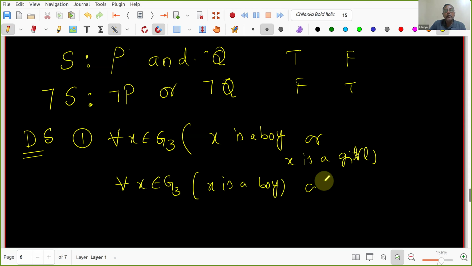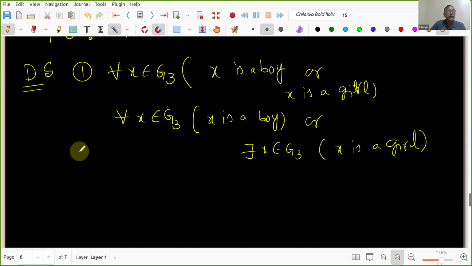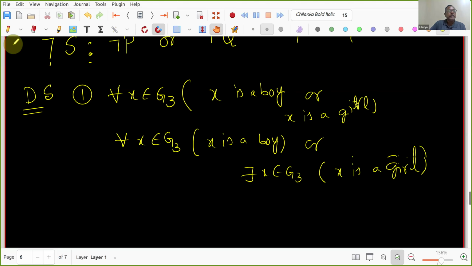Or given any student X belongs to G3, right? Given any student X from G3, X is a girl. So do they give the same meaning or not? Think about that. This is question number 1. No need to raise hand. I'm just giving a few questions. You start discussing them.